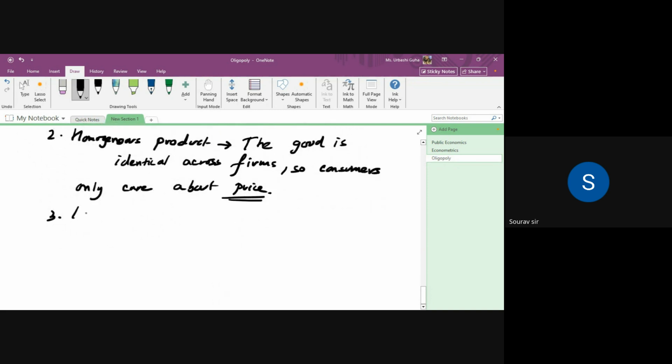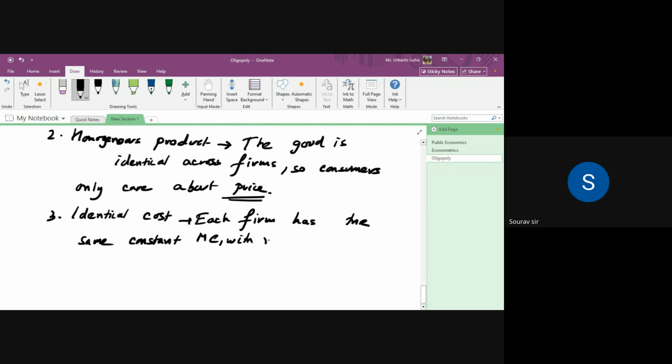Next, identical cost. Each firm has the same constant marginal cost, and there is no fixed cost, which would complicate decisions.